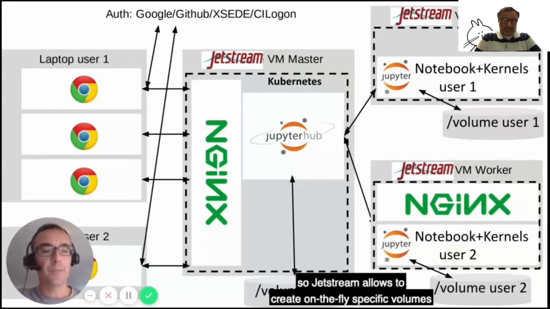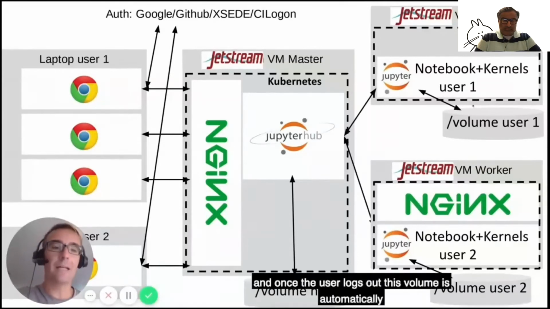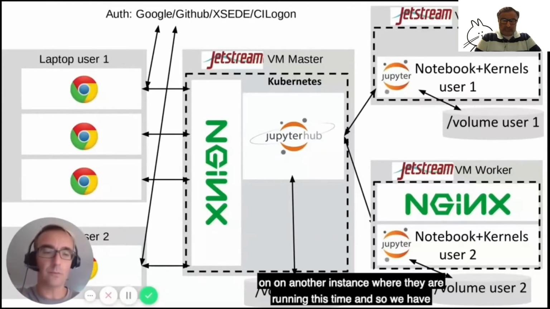Jetstream allows us to create specific volumes on the fly for each user, and we mount those volumes where the single-user notebook is running. Once the user logs out, this volume is automatically unmounted, and whenever the user logs back in, the volume is mounted on another instance where they are running this time.